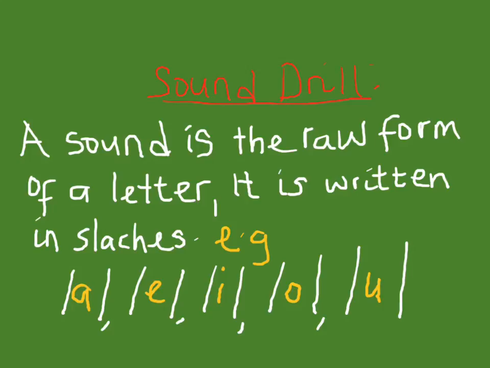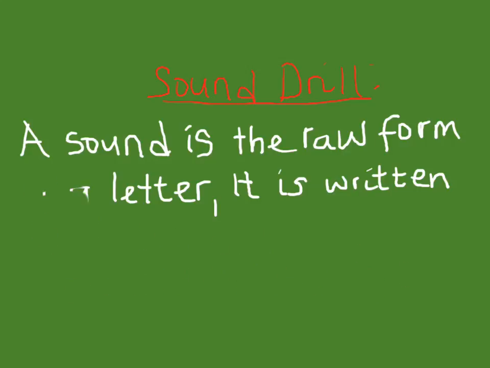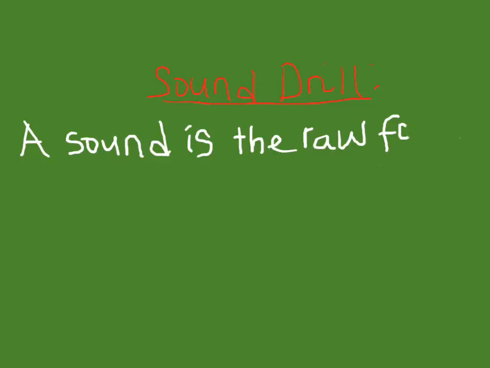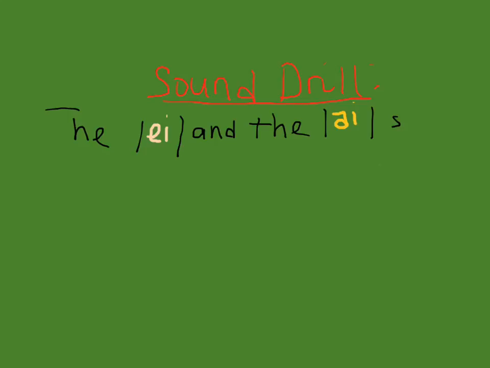So today we will be looking at two very special sounds of the English language. So let's have our board cleaned and go directly to our focus of the day. So today, we will be looking at the A and the I sounds of the English language.